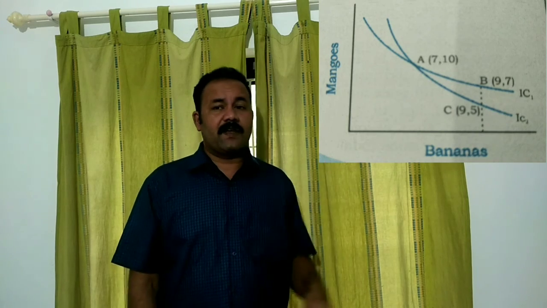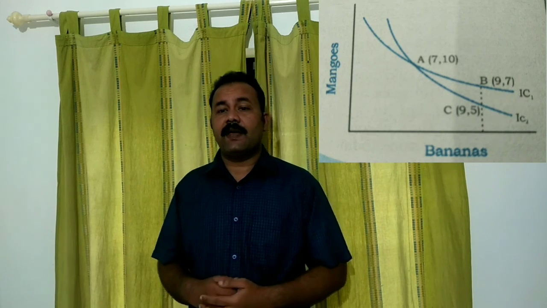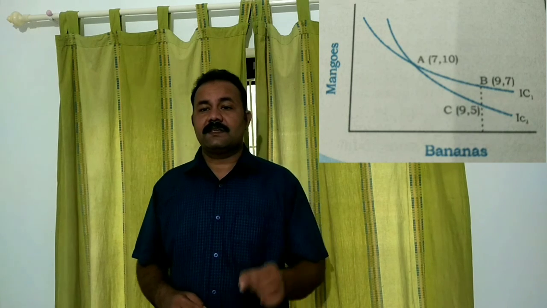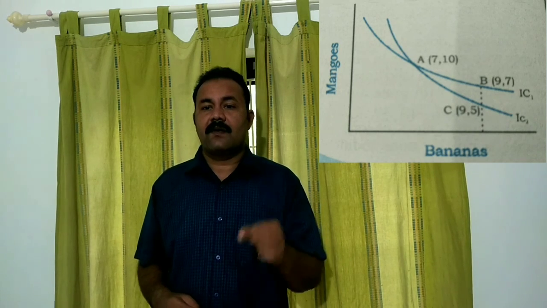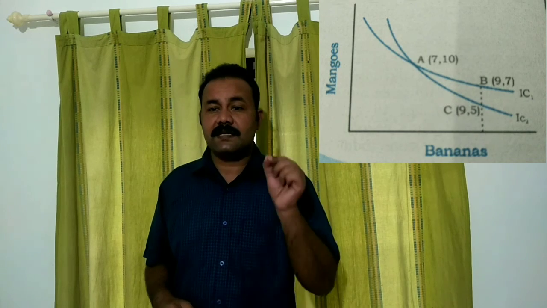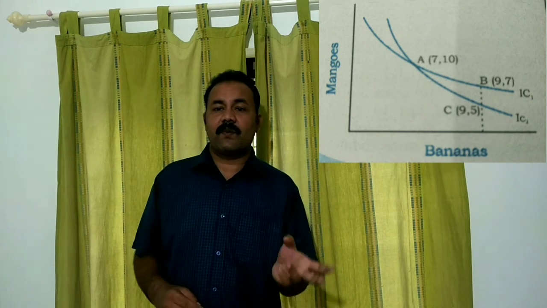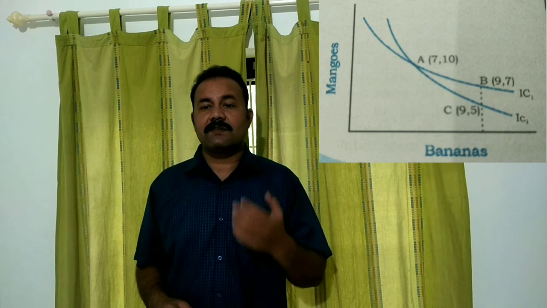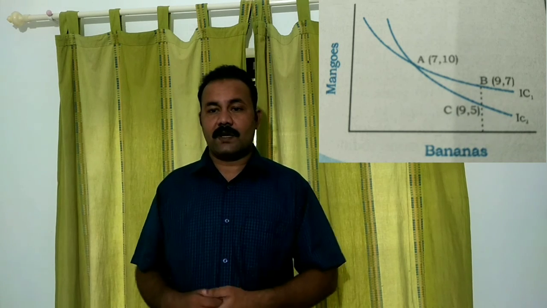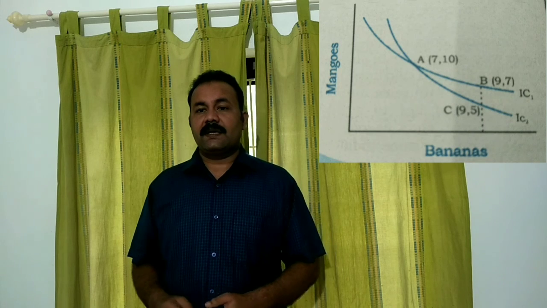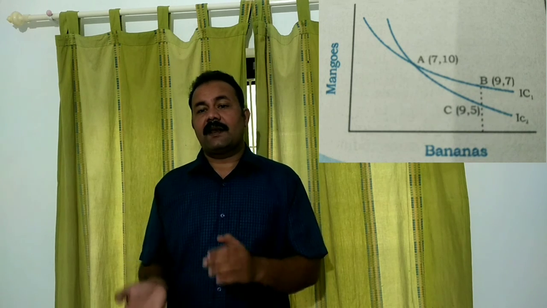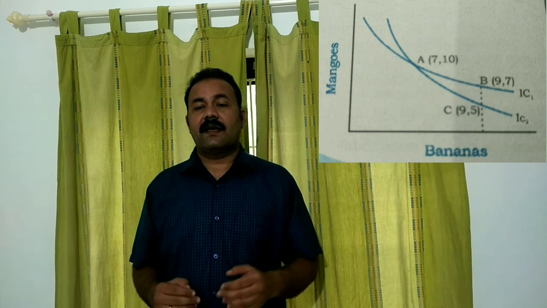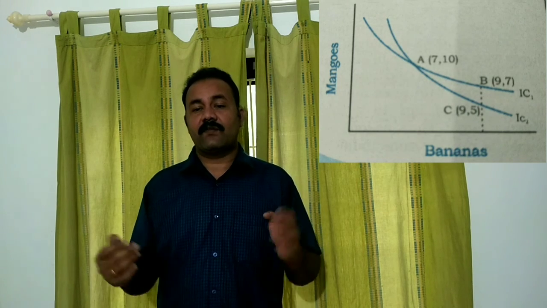Here in this diagram we can see three points A, B and C. A and B, these two points are on the same indifference curve. So these points A and B will give the same level of satisfaction to the consumer. But point C is on another indifference curve. So here the satisfaction level is different.